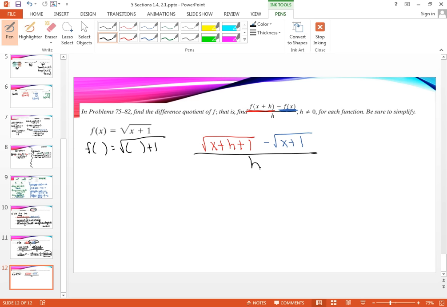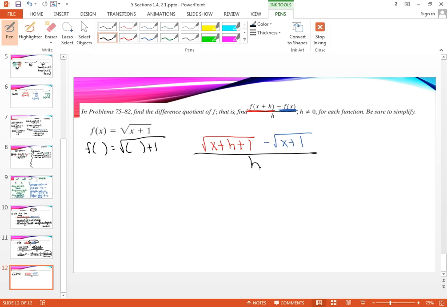Up until now you've been told never leave radicals in the bottom of fractions, right? Every time you had a square root in the bottom of a fraction, you rationalized it, whatever you had to do to get the radical out of the denominator. Well, when you get into calculus and you start looking at the formal definition of derivative and you're doing these difference quotients, what you need is that h on the bottom to go away.